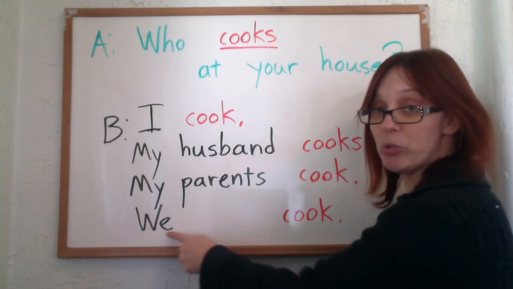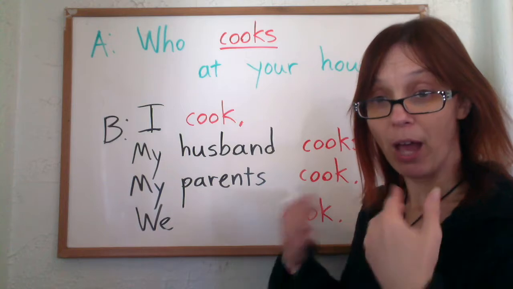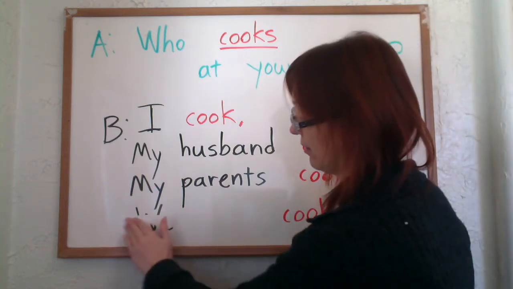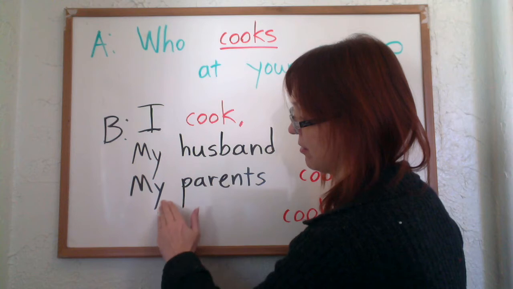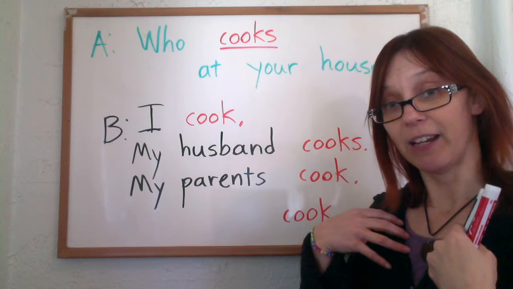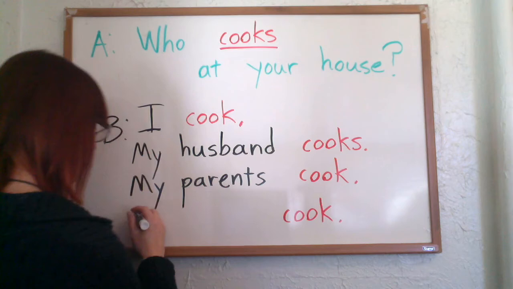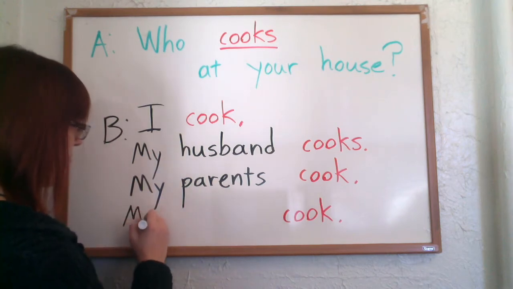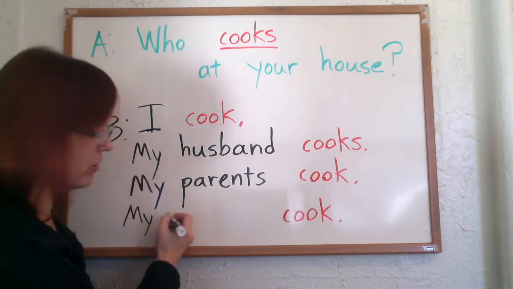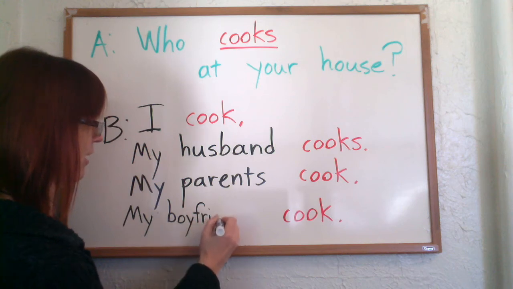So I can replace we with my family, with I. So I can say my boyfriend and I. We. My boyfriend. Boyfriend, B-O-Y-F-R-I-E-N-D.